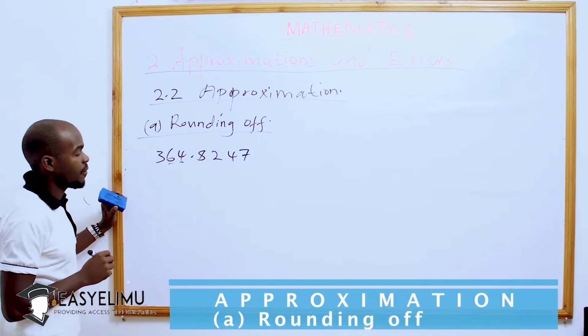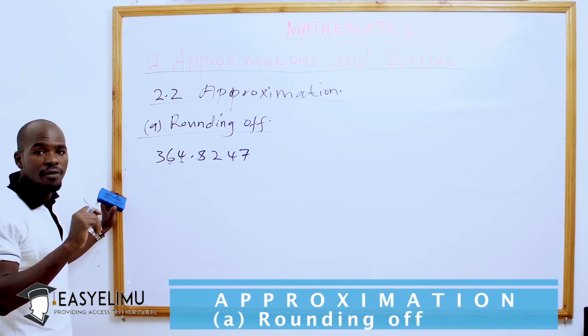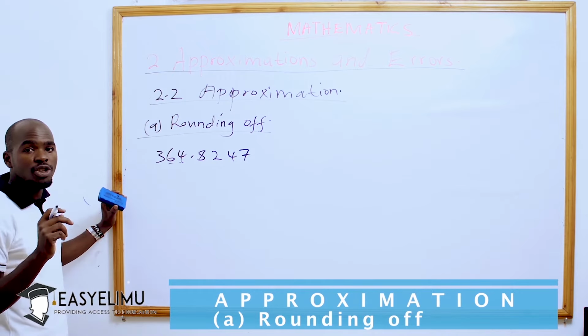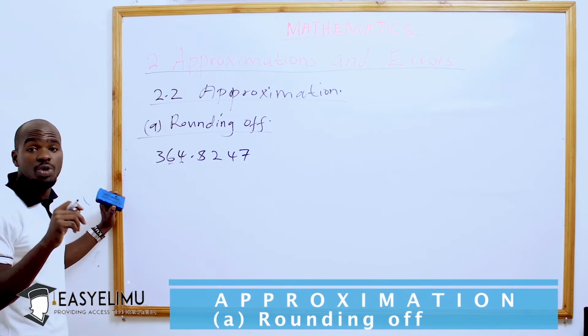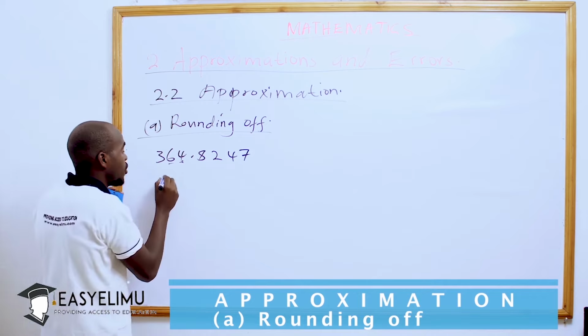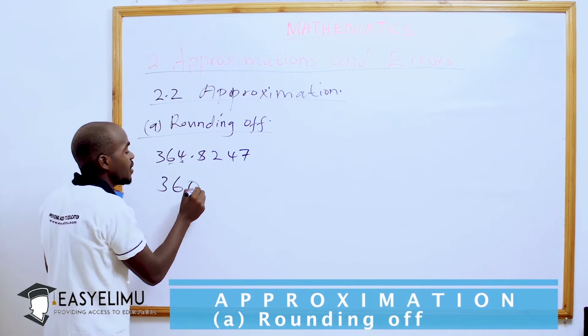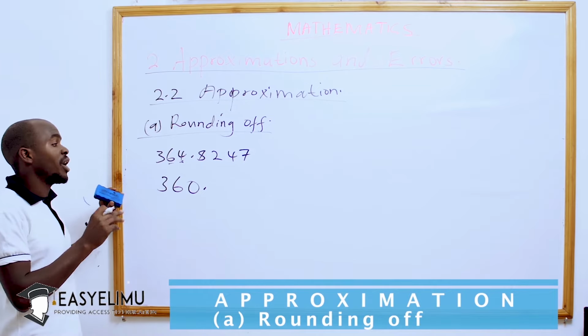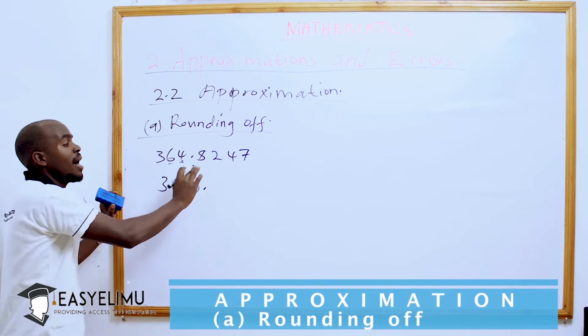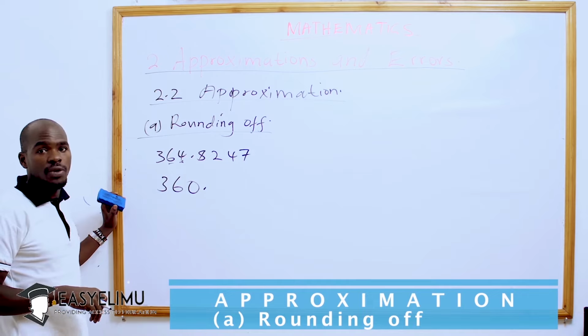But we see 4 is not equal to 5, or within the range of 5 to 9. It is within the range of 0 to 4. So if it is within the range of 0 to 4, we just ignore this number and replace it with 0, and our number remains 360. We can cut off the zeros because the other numbers are replaced with zeros.